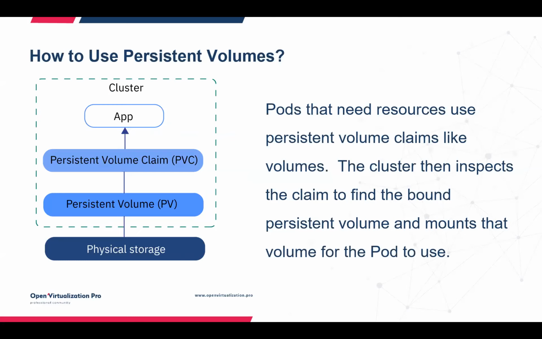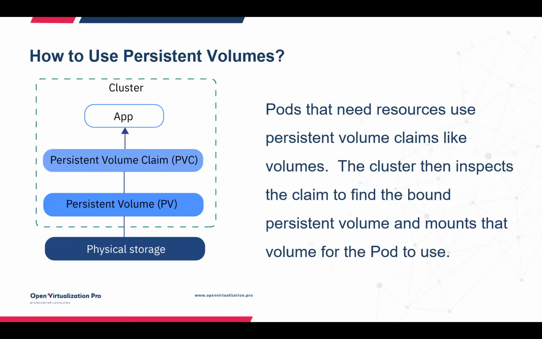Now, how would we use these persistent volumes in Kubernetes? Pods or applications that need resources use persistent volume claims like a volume. They have specific resources that are needed. The cluster then inspects the claim to find the bound persistent volume.